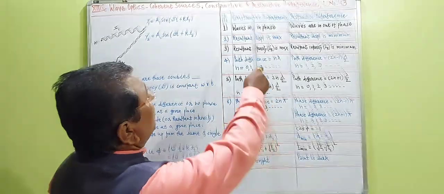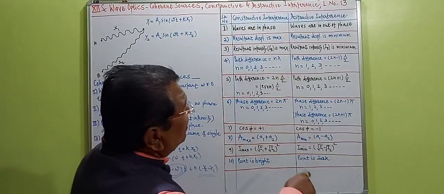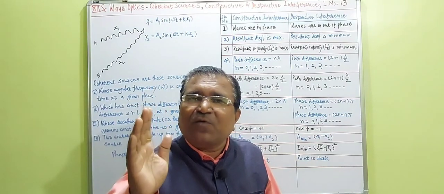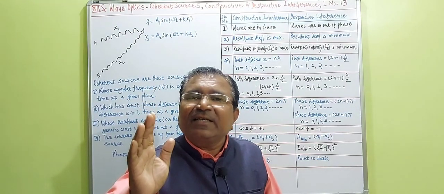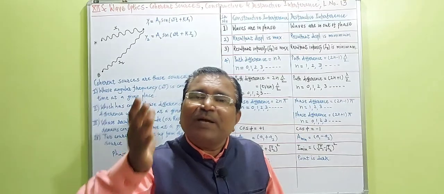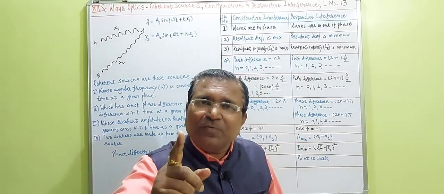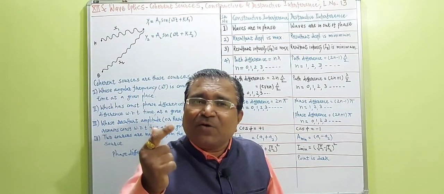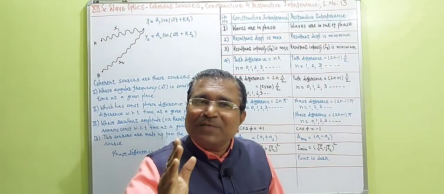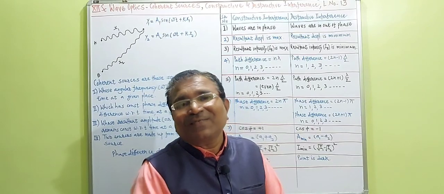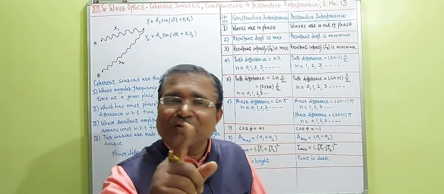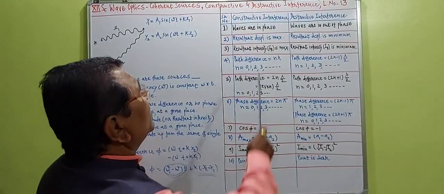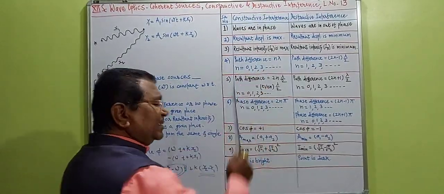So here I have written in a symbolic, abstract, short form, after studying many reference books for you, a very short and correct form of the distinction between constructive interference and destructive interference, dear students. So observe this very clearly. Waves are in phase.